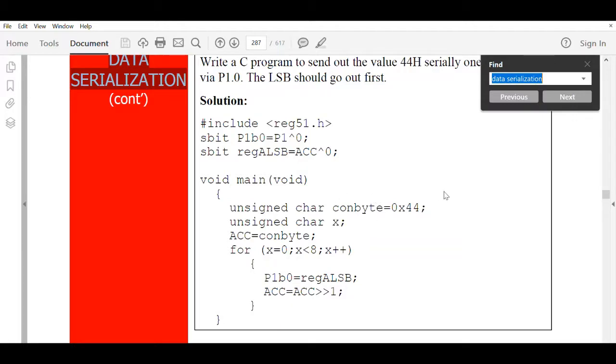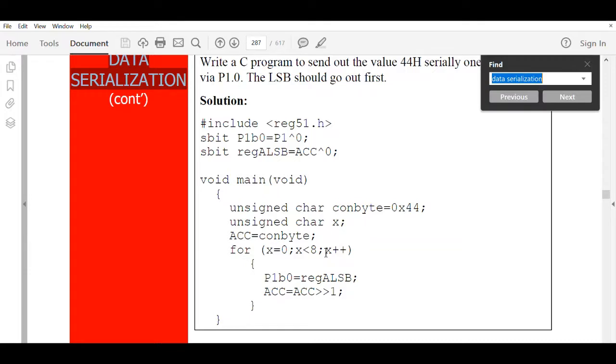Since this is only 44H and you can use unsigned character up to FF, I'm using unsigned character here. These are just names; you can give any name, no problem. So I've moved 44H to this variable, and a counter is set.